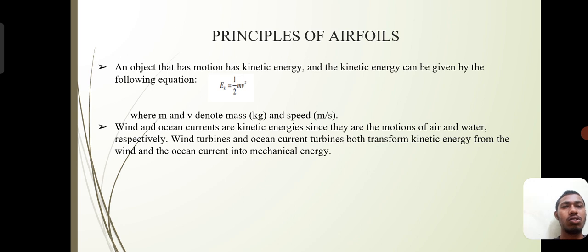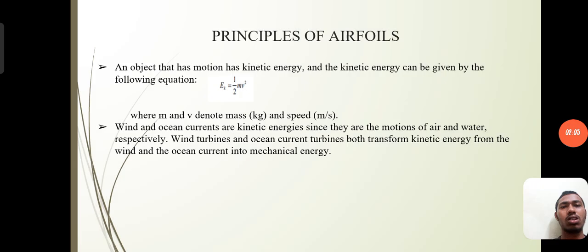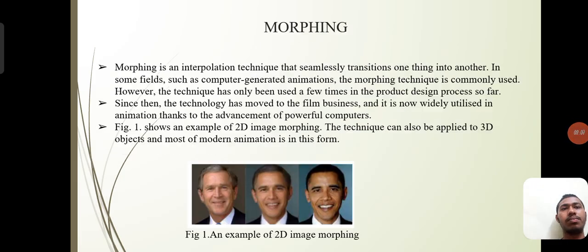Wind and ocean currents are kinetic energies, since they are the motion of air and water respectively. Wind turbines and ocean current turbines both transfer the kinetic energy from the wind and the ocean currents into mechanical energy.